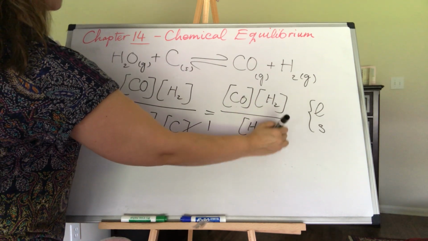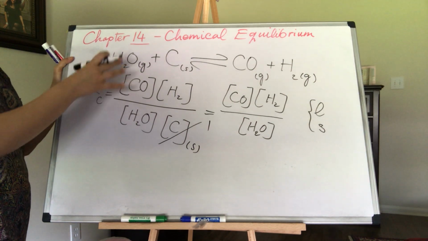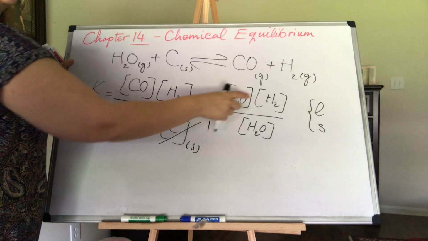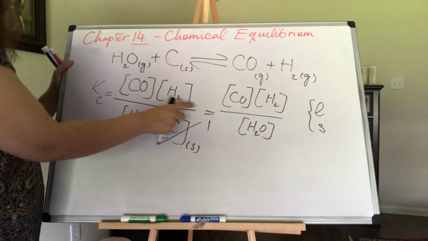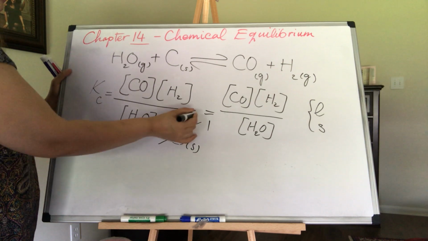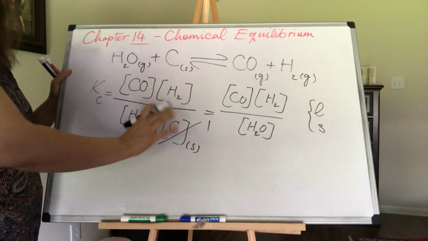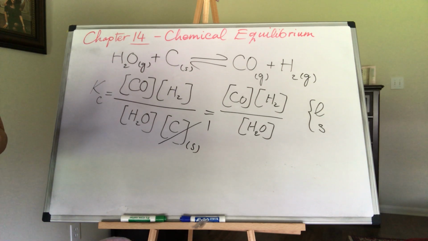So whatever you bring in the equilibrium constant expression should be in the gaseous form. We do not write the molar concentrations for solids and liquids because they are considered to be 1. Their change is very, very small and we can ignore it.